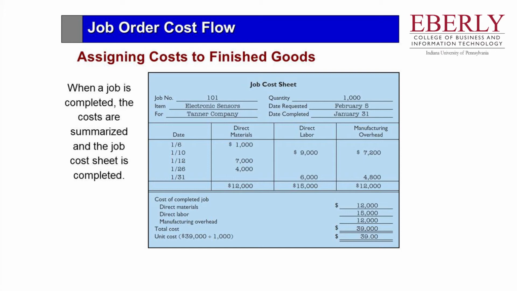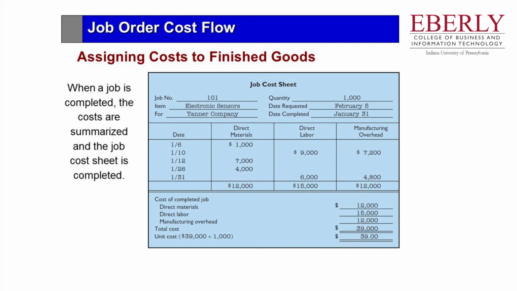Direct labor costs for 1,000 quantity of job 101 have been gathered from the timesheet. And we have also applied the manufacturing overhead, accumulated by applying the predetermined overhead rate to the job cost sheet. Once you add those together, you've got the total cost of the job.